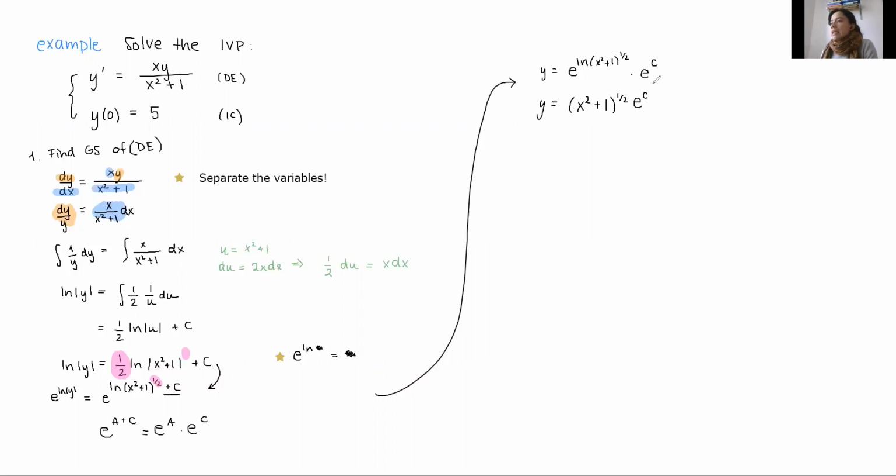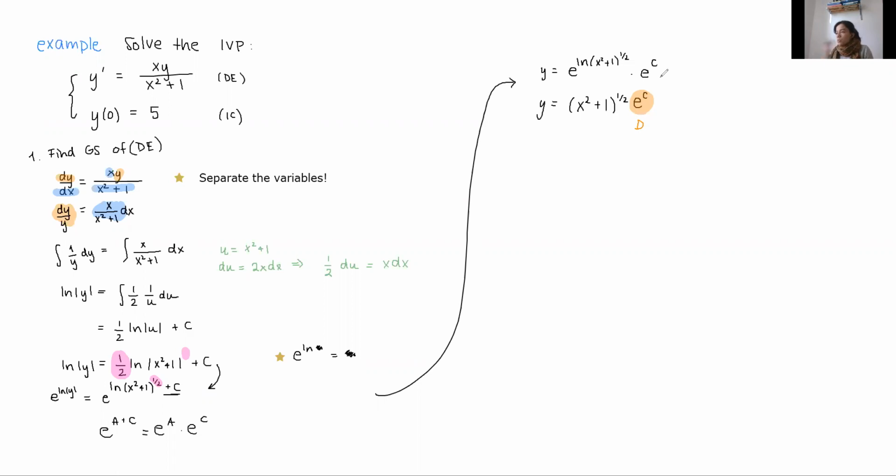Okay? And then here again, we have that e to the power of c. C over here is just an arbitrary constant, which means that e to the power of c can take any possible value. Okay? And so that means over here, I'm just going to denote that as some other number d. There's no reason why I shouldn't be able to. e to the c is just going to be some other number.